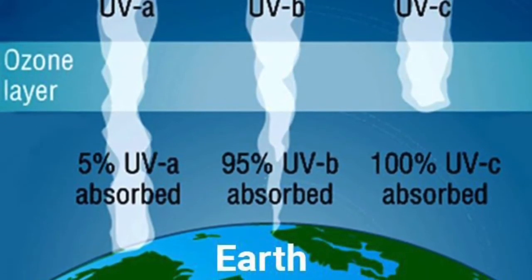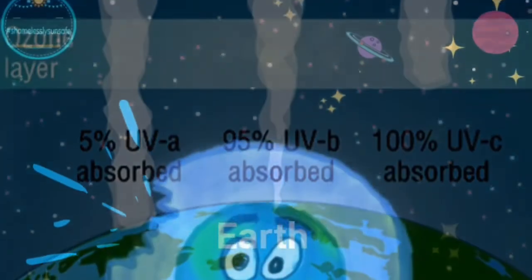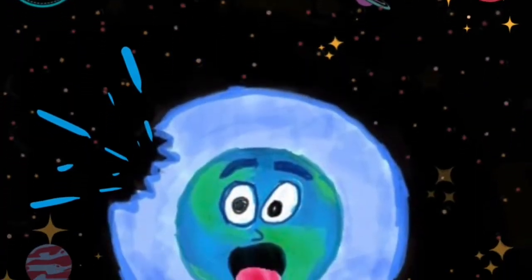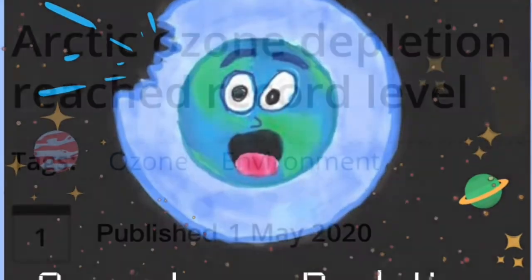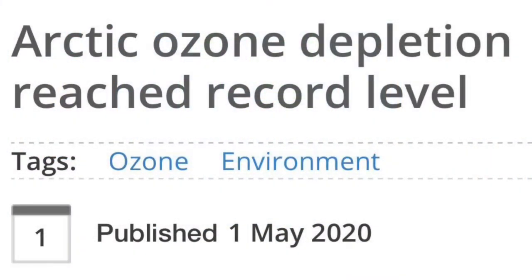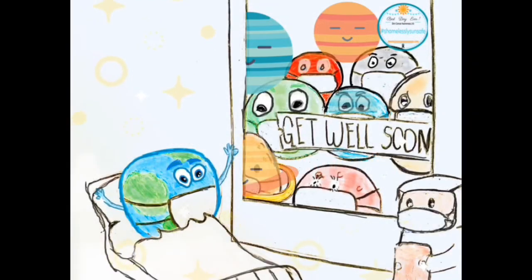The sun's output of UVB doesn't ever change. Rather, the less ozone there is means the less protection. Therefore, more UVB will reach the Earth. So when the ozone health is not good, our health is not going to be good, because the ozone basically acts as Earth's sunscreen.